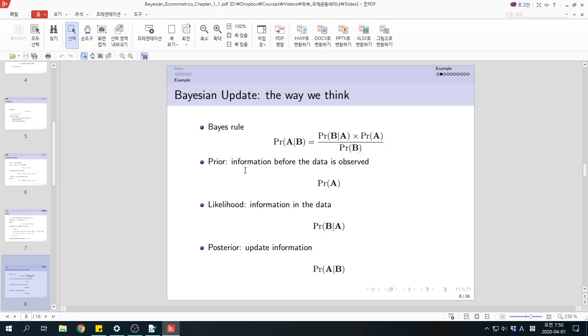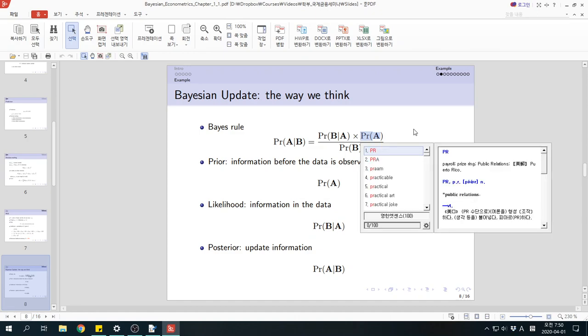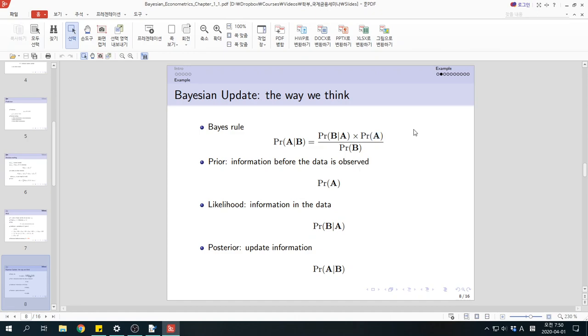This particular probability is called the prior probability, or just prior. This is how you thought before the new information is given.